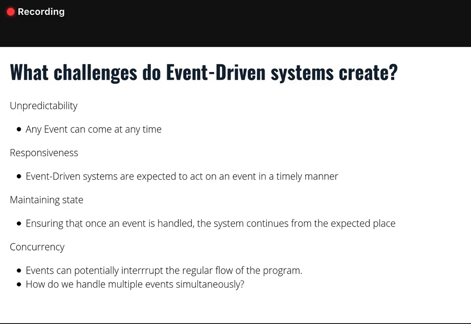The idea is that events are what drive the system. So of all the available events, in theory, any event can occur at any time. We need to make sure that we account for this when we're writing our programs.